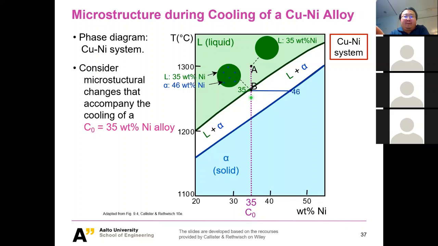nickel as a liquid. If you continue to cool this down, you will see the composition in your solid solution becoming less, and the composition in your liquid solution also becoming less, but the volume of your solid is becoming larger. That is because you always need to keep the mass balance of 35% nickel in the whole mixture.